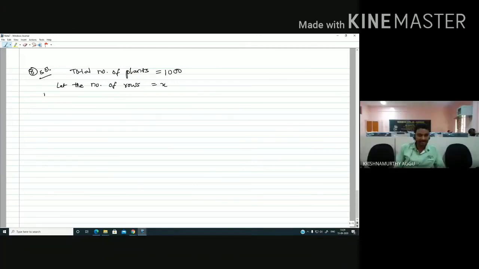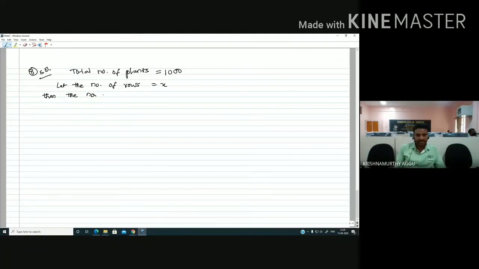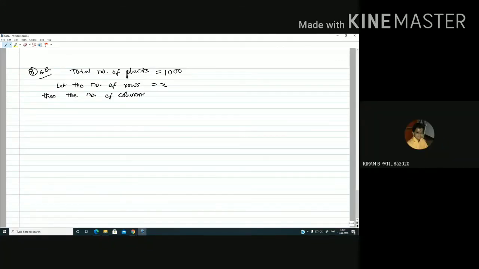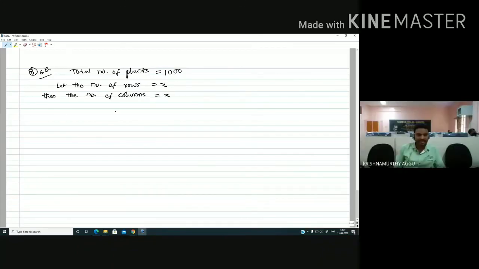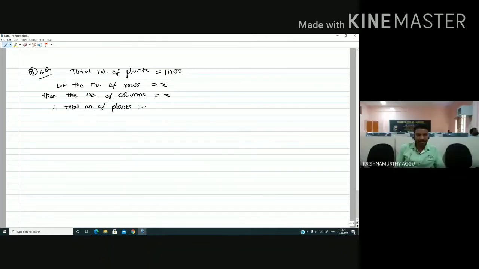Then the number of columns is also x. Therefore, the total number of plants in terms of x.